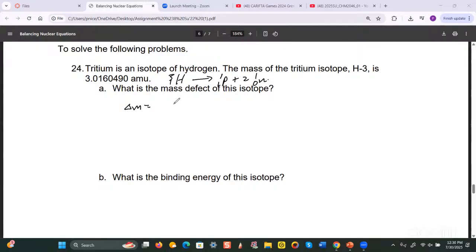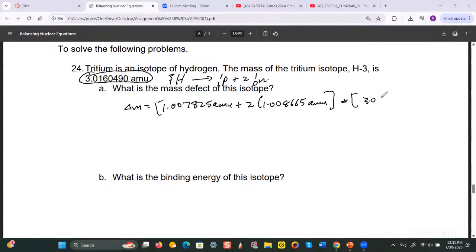So the mass of the proton is 1.007825 AMU plus 2 times the mass of the neutron, which is 1.008665 AMU, all right? And then after adding that, we're going to subtract from that the mass of the tritium nucleus, which is 3.016049 AMU.